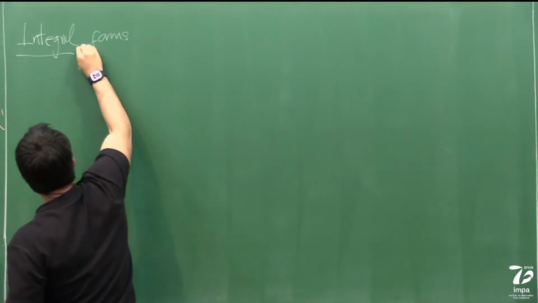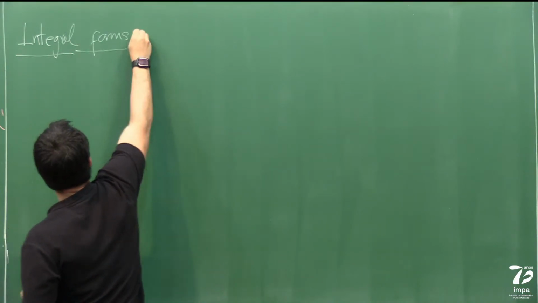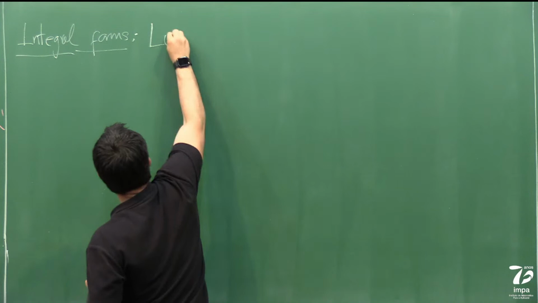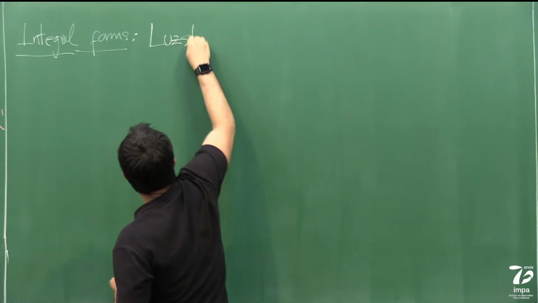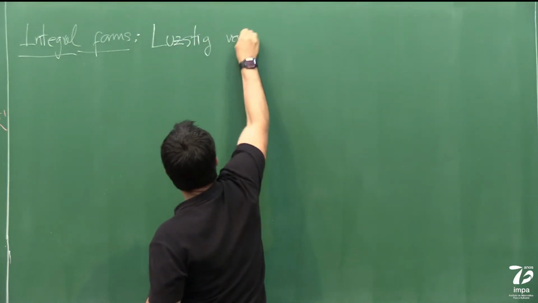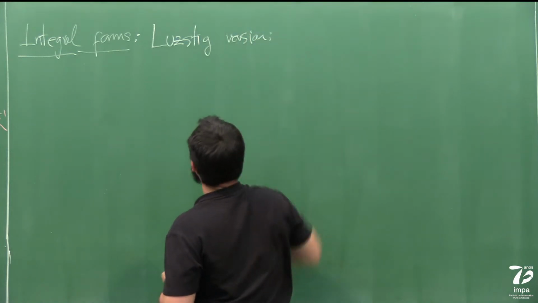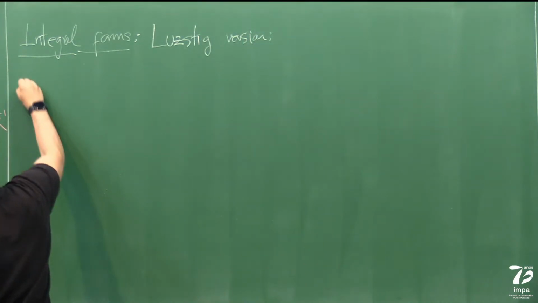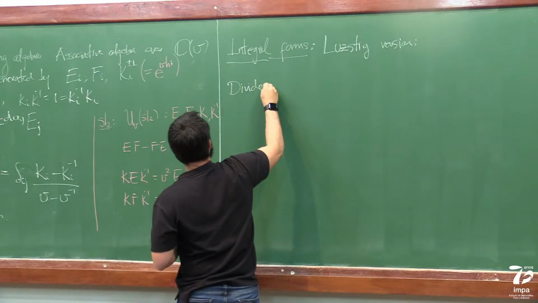The integral forms for the quantum group. And the one that I am interested in is the Lusztig version. For this version, I need to define what are called the divided powers.